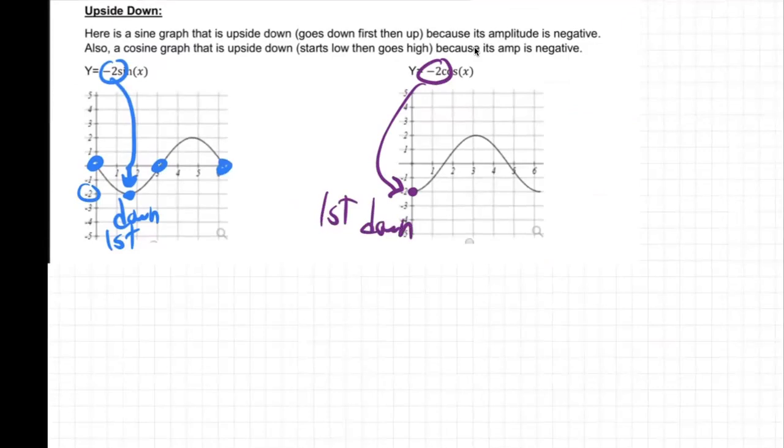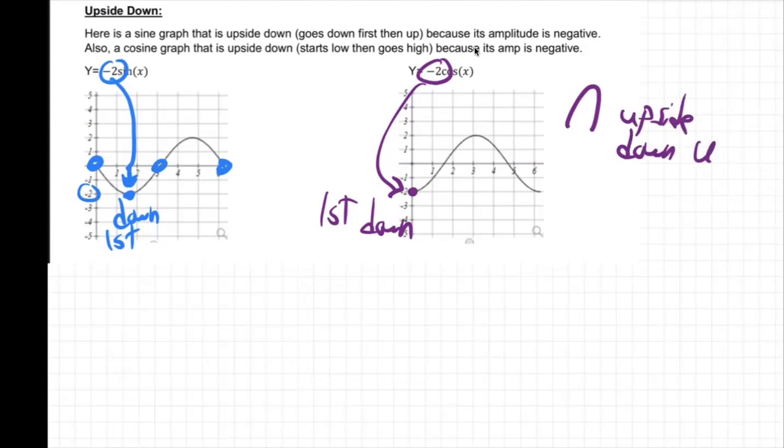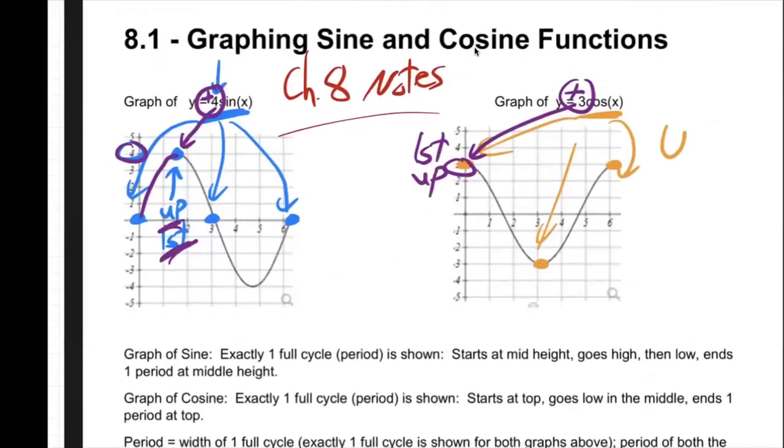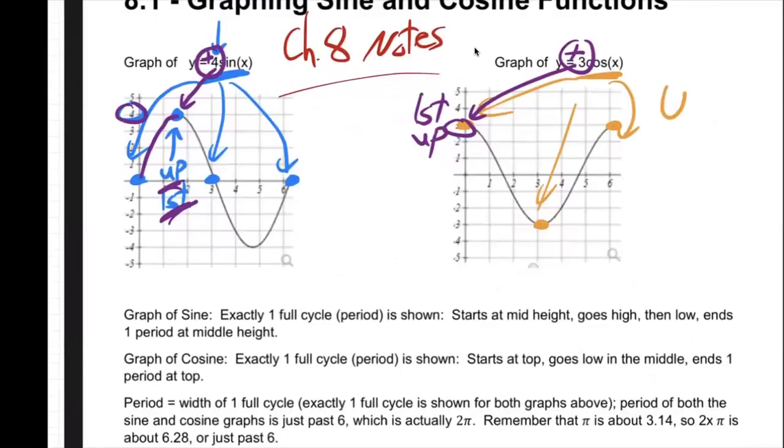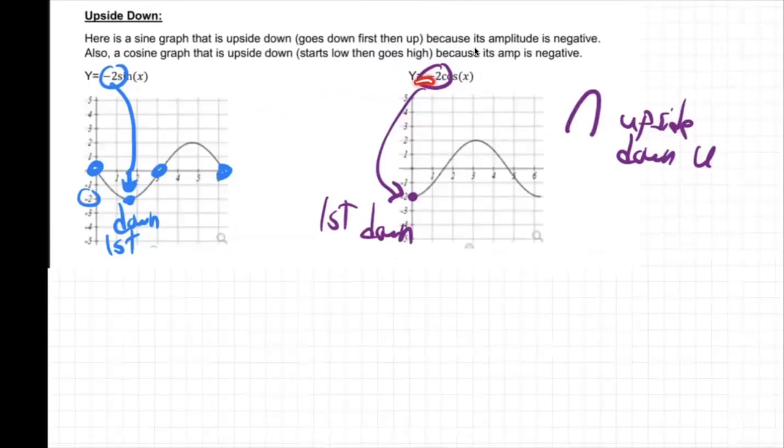And this is cosine, but notice it's an upside down U. It's a U turned upside down because it's a negative cosine. Cosine is always a U, so a positive cosine is a regular U, and a negative cosine is a U turned upside down.